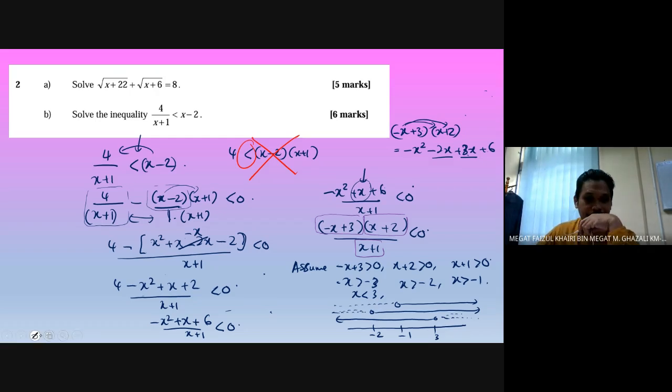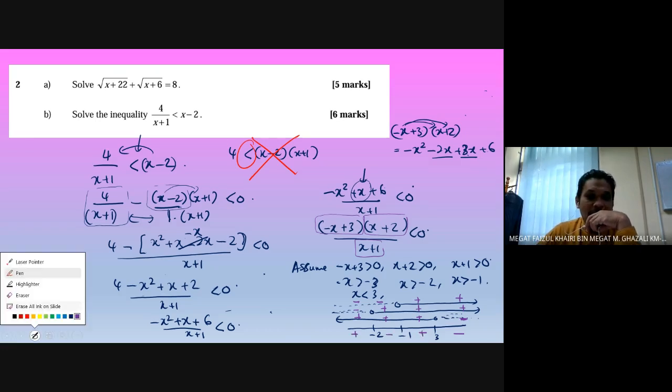So, positive, positive, negative, positive, positive, positive, negative, positive, positive, negative, negative, positive. So, negative times negative, positive times positive is positive, divided by negative, positive, and so on.